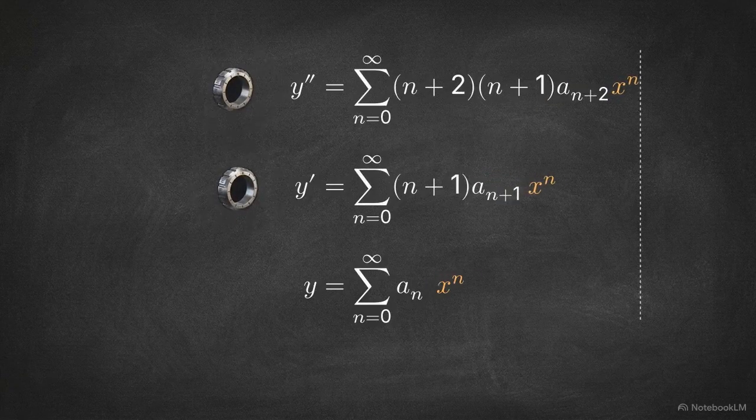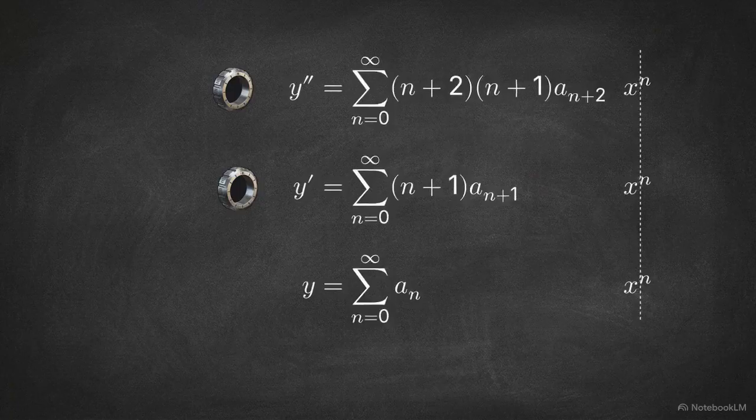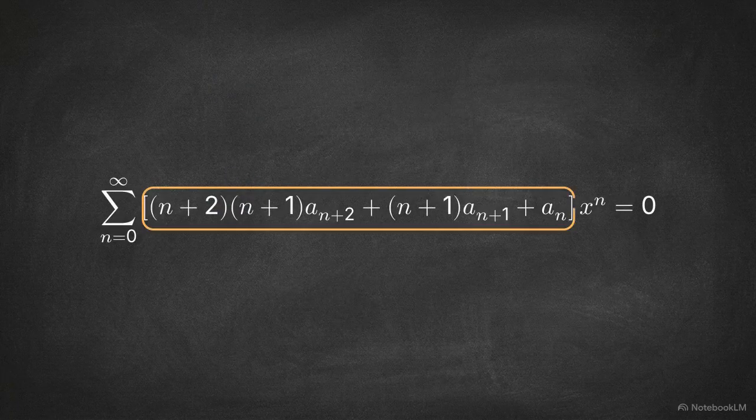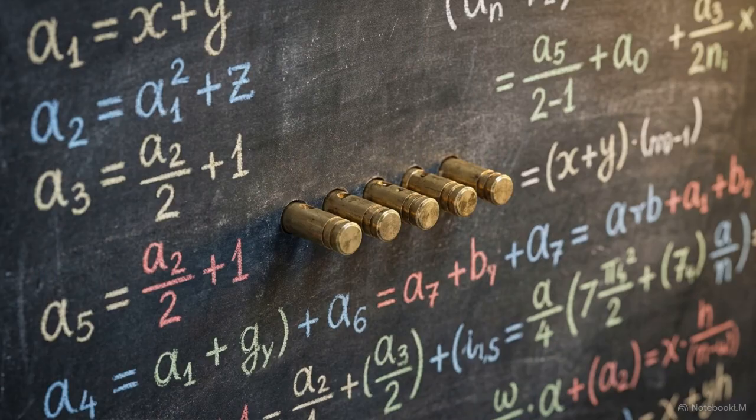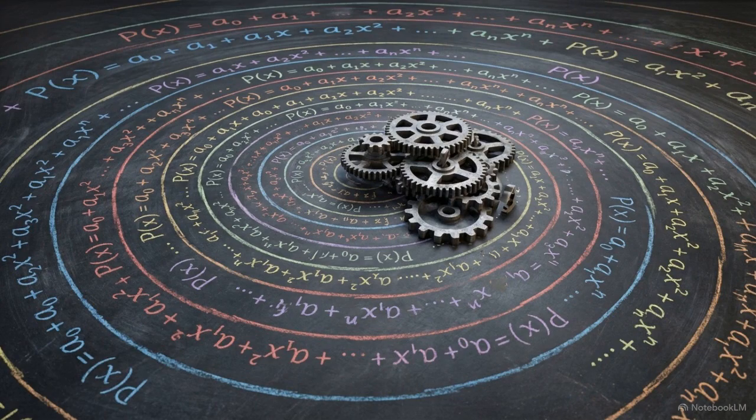We take derivatives of the series and shift the indices until the powers of x lock into perfect vertical alignment. This alignment allows us to define a recurrence relation, which generates the infinite chain of coefficients required for the solution. When the constants of reality fail, we map our unknown function into infinity, expanding it to approximate the truth.